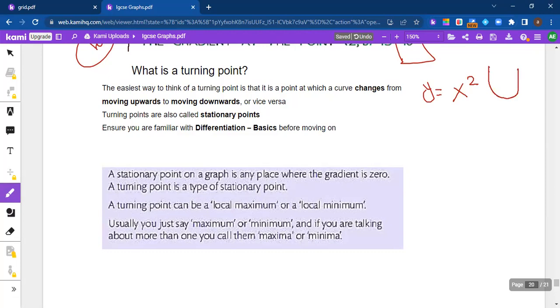And if you check here, we have a minimum point, the smallest point of the curve, isn't it? So this is called a turning point.